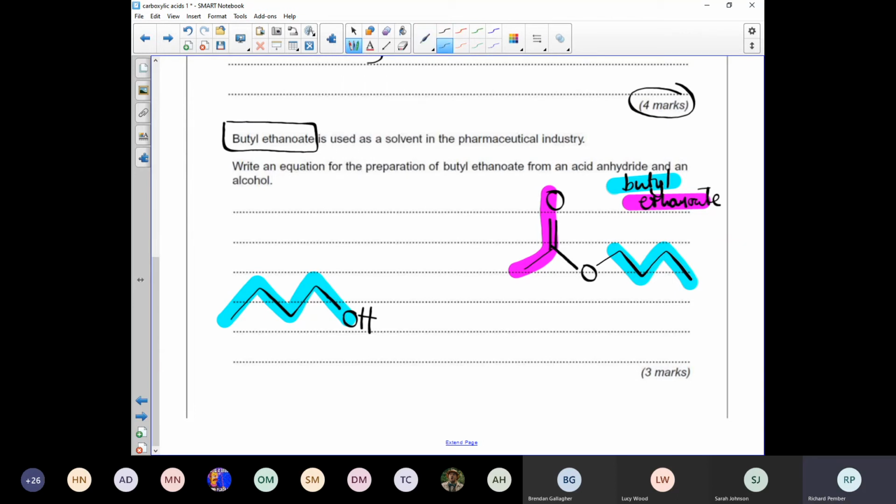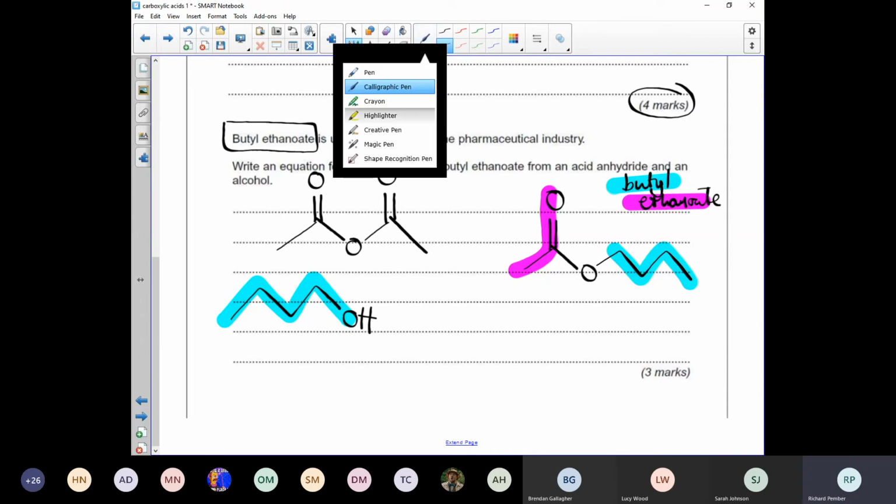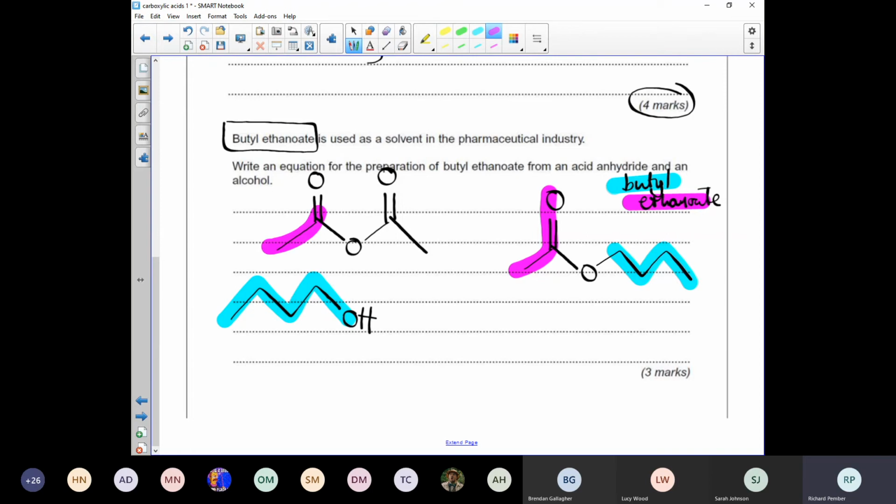Now the acid anhydride, a sensible choice. We can see that we want the 2 there, and I would make it a symmetrical acid anhydride. So we've got ethanoic anhydride. So that gives both of those groups.